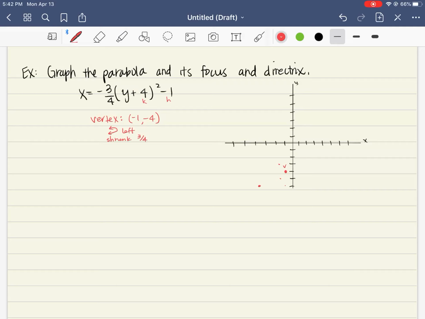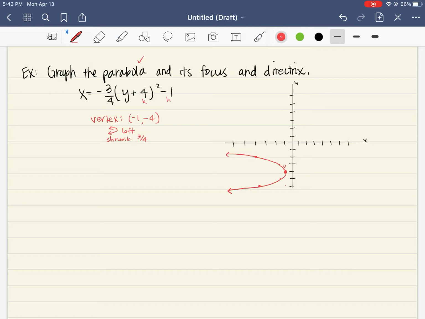So we're going to go here, and here. So I can actually draw my parabola. We were good with drawing parabolas before we knew vertex and focus, or directrix. So we've already got our parabola drawn.